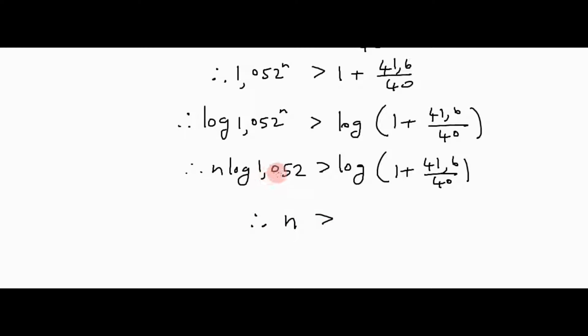Now note that here 1,052 is greater than 1. So the log of it will be positive, and hence the inequality doesn't have to switch around. So divided by the log of 1,052.